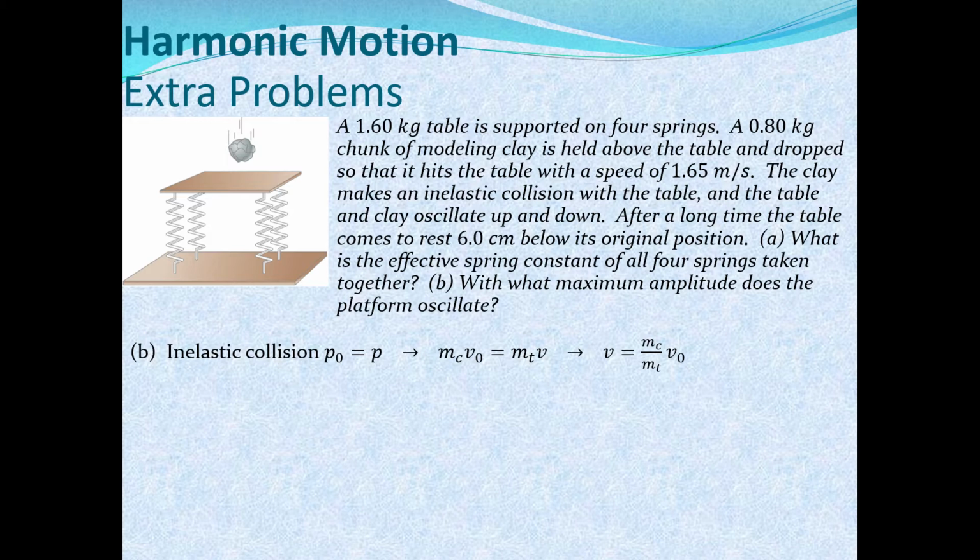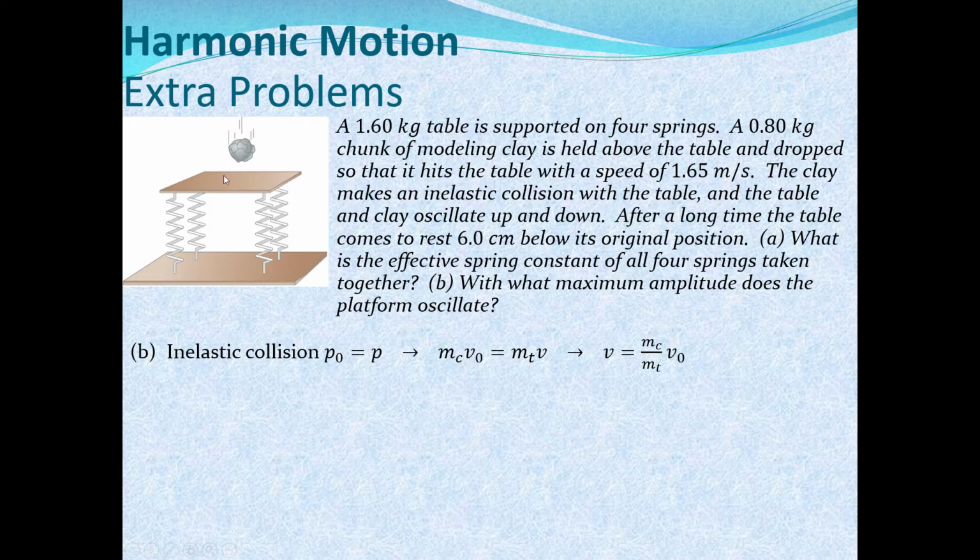So if you remember, whenever we do conservation of energy, we need 2 points. So the 2 points we're going to do is the original position and the max displacement, the amplitude. Now we know the energy at the amplitude is just the straight up max potential energy.